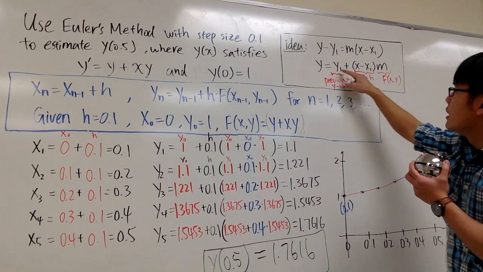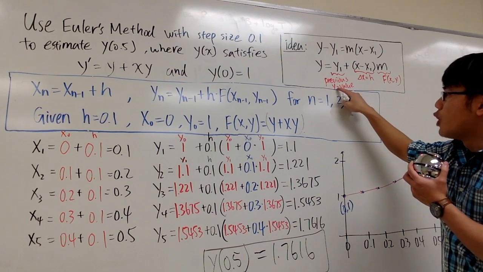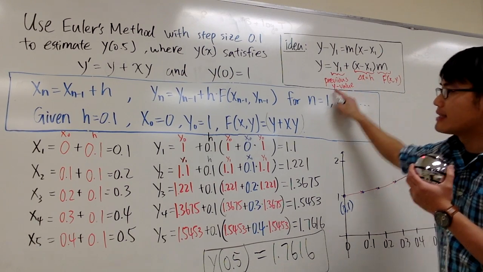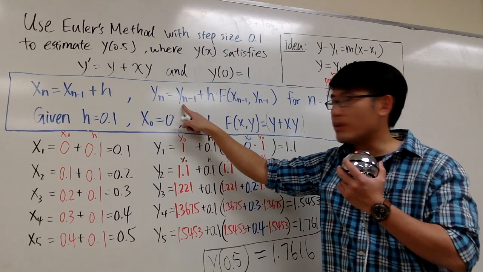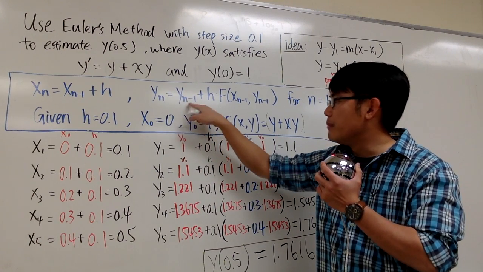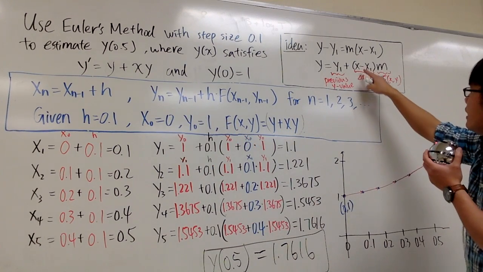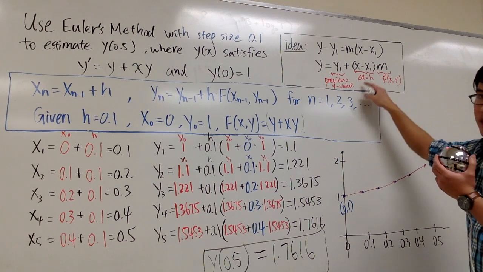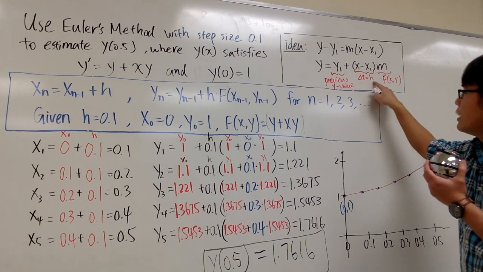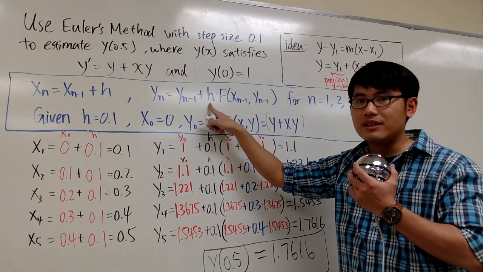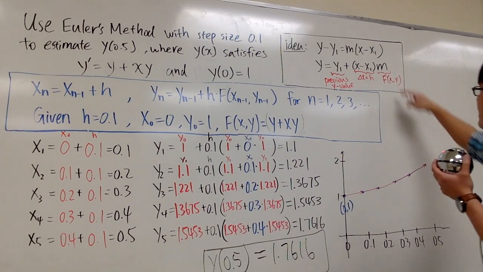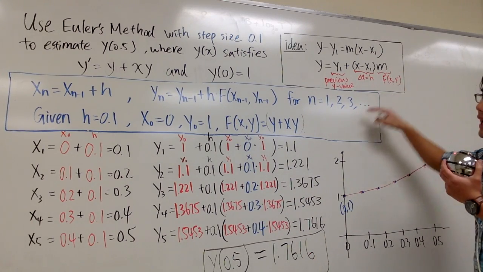And as you can see, the y1 is the previous known y value, and that's pretty much this right here, the y sub n minus 1. And then x minus x1, that's a change in x value, which is the h value we have in this formula. And then the m, it's a slope. And guess what?